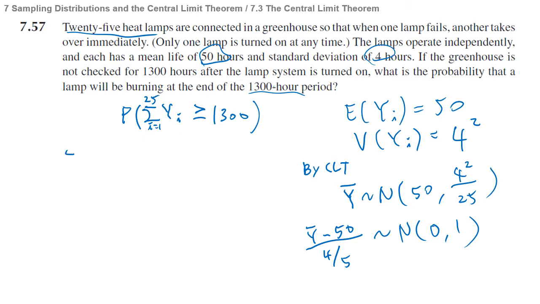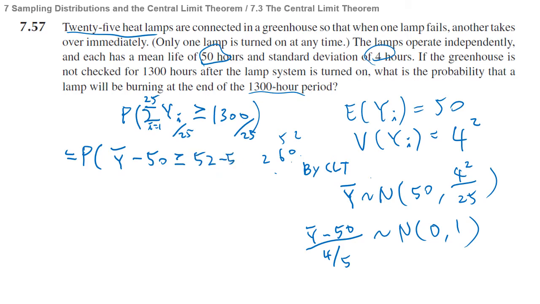So here the probability of this, with 25 lamps, and so y bar minus 50 is 52.